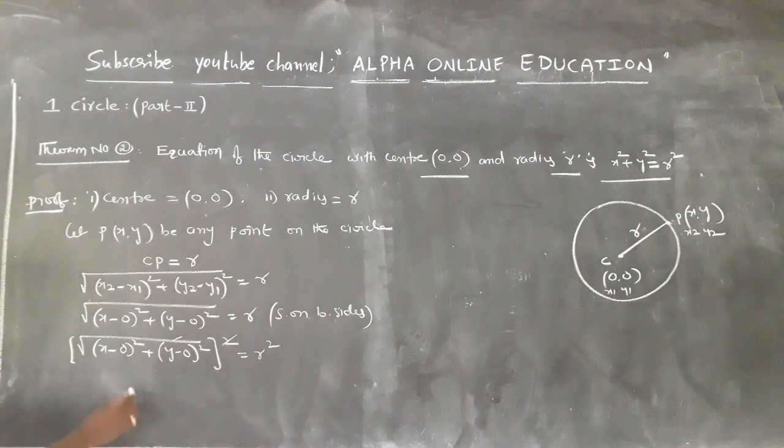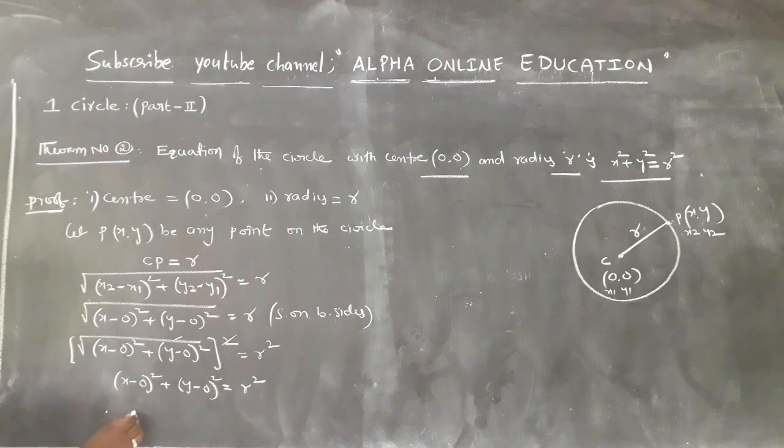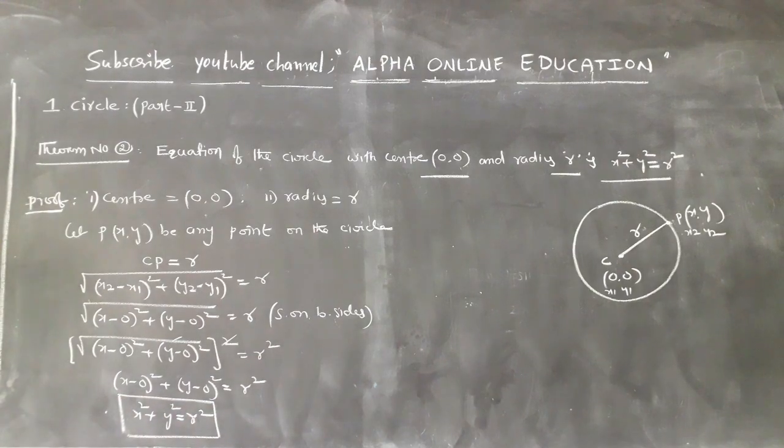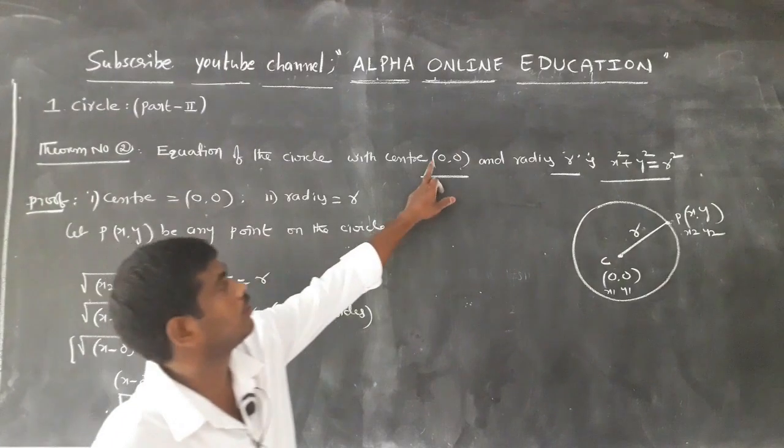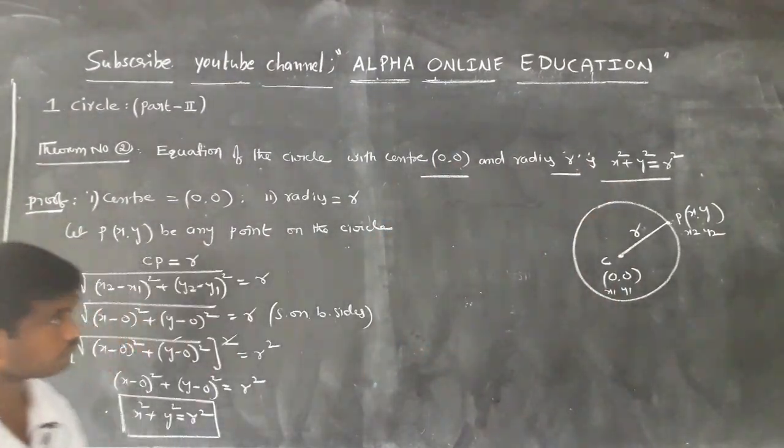Square root to cancel. (x minus 0) whole square plus (y minus 0) whole square is equal to r square. (x minus 0) whole square means x square, (y minus 0) whole square means y square, is equal to r square. This is the equation of the circle with the center (0, 0) and radius small r.